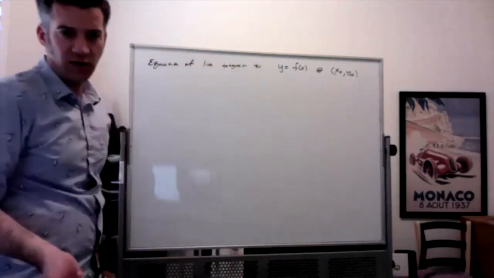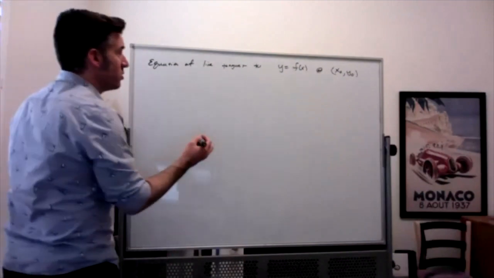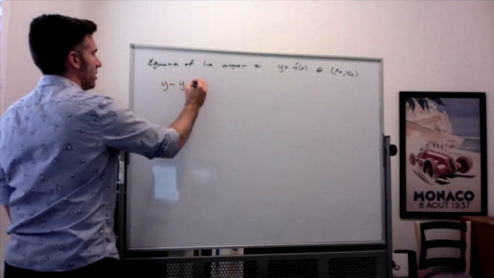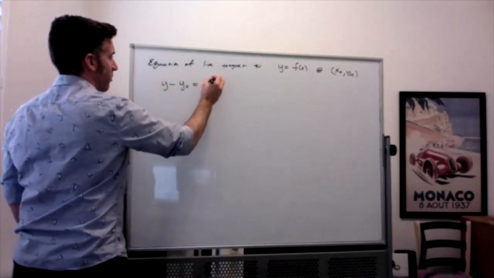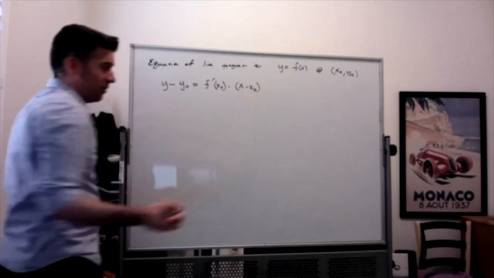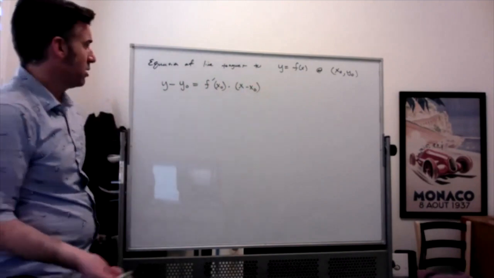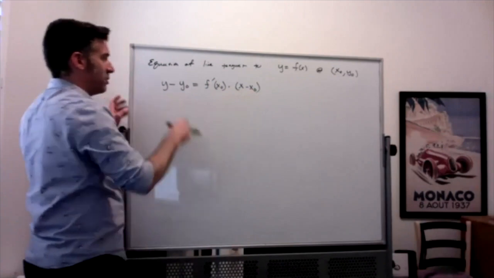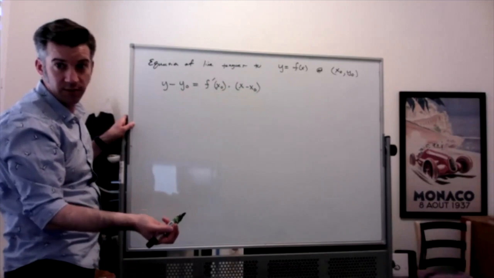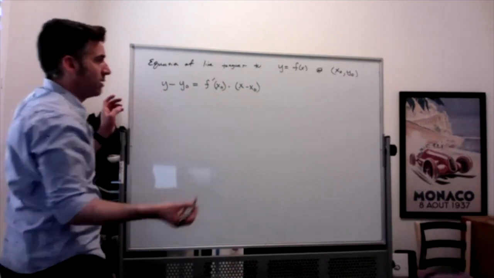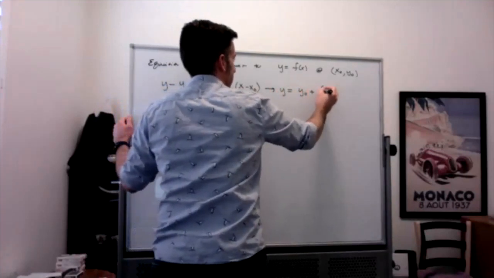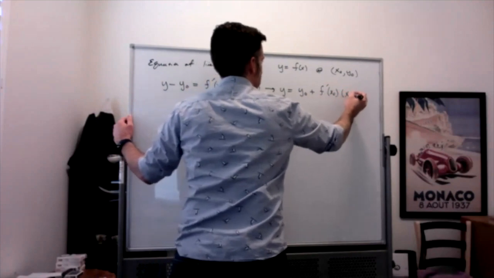One way of writing it is y minus y naught equal to f prime of x naught times x minus x naught. This is the point slope form, where your point is x naught, y naught, and the slope is the derivative at the point. And then you can solve for y: y equals y naught plus f prime of x naught times x minus x naught.